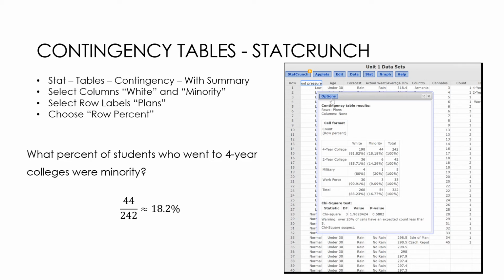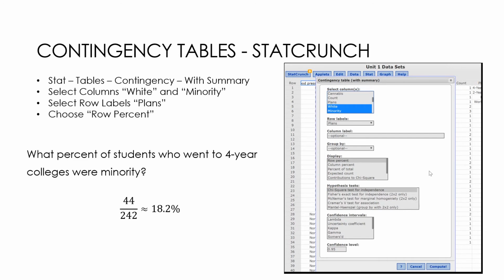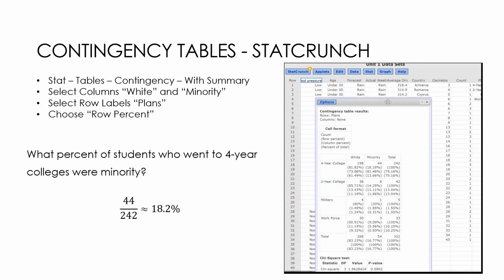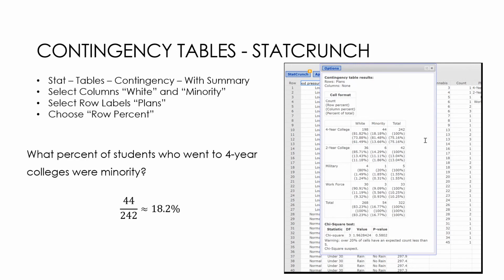Before we continue, I do want to give you another option, and I don't recommend this, but some people really like it. I can choose row and column and percent of total all at once, and again I find this to be very busy.